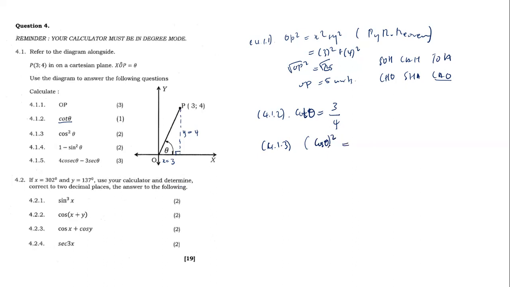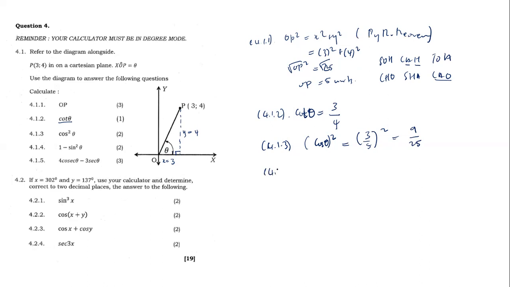Now what is cos theta? We know that it's adjacent over hypotenuse. Adjacent is 3, and the hypotenuse, OP, is 5. So we're going to have 3 over 5 to the power of 2. That means here we're going to have 9 over 25.